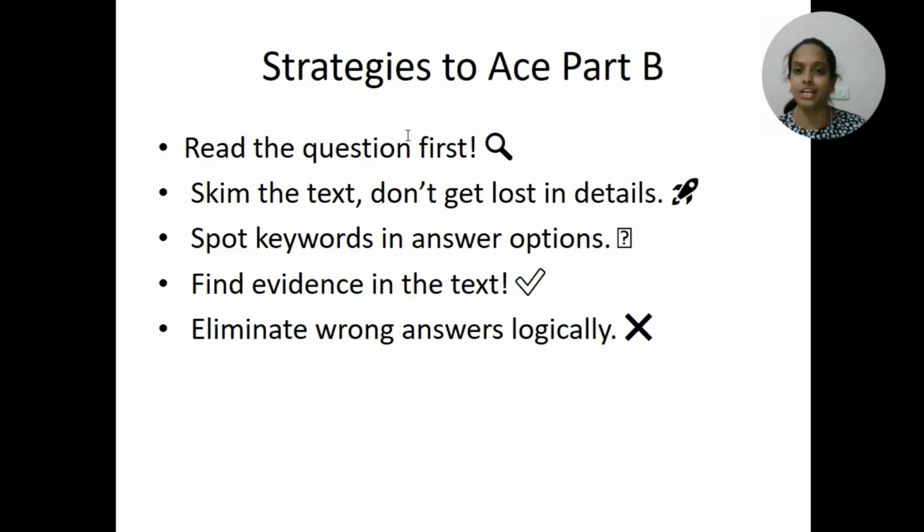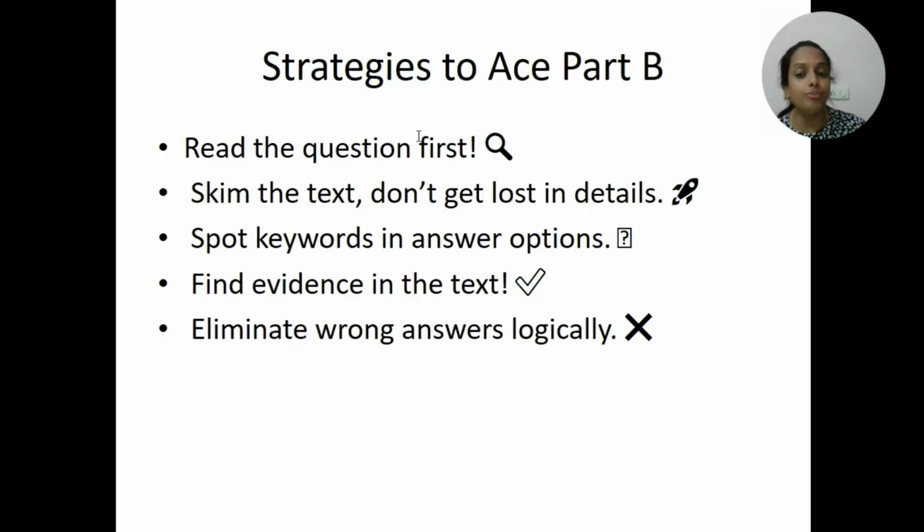Don't get lost in details. These texts are short, so you can quickly grasp the main idea and tone. Is it giving instructions, explaining a policy, or warning about something? You should try to identify that within a few minutes, and then spot the keywords in options. The correct answer will be paraphrased in the text, but the wrong ones might use words from the text in a misleading way. You have to be very mindful about it.